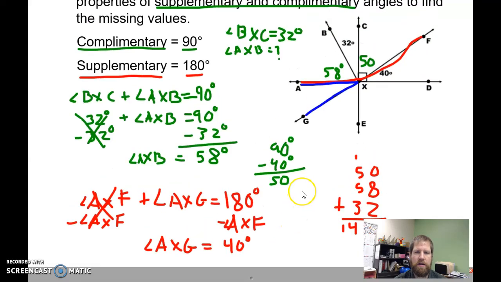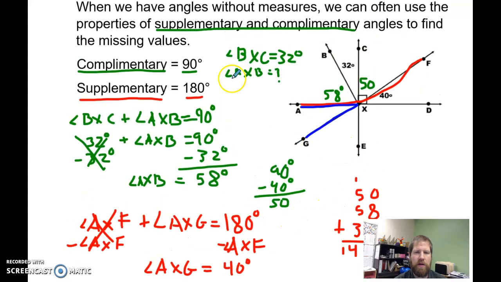And if we looked back at our vocabulary, we would actually be able to see that these two angles, AXG and FXD, are vertical angles. They are formed by two straight lines meeting, and so if this is 40 degrees, this will also be 40 degrees. And we've just shown that that's true as well.